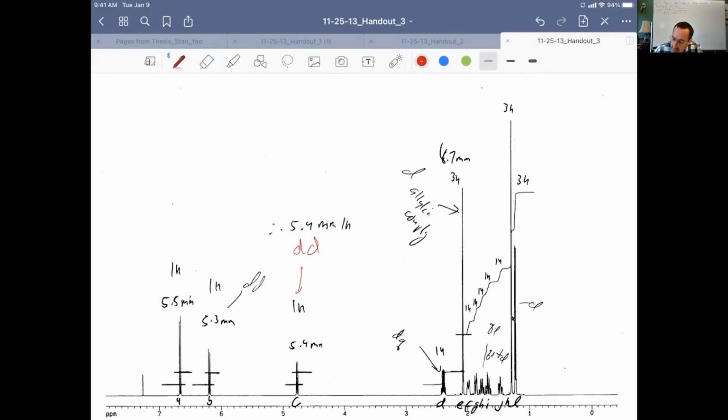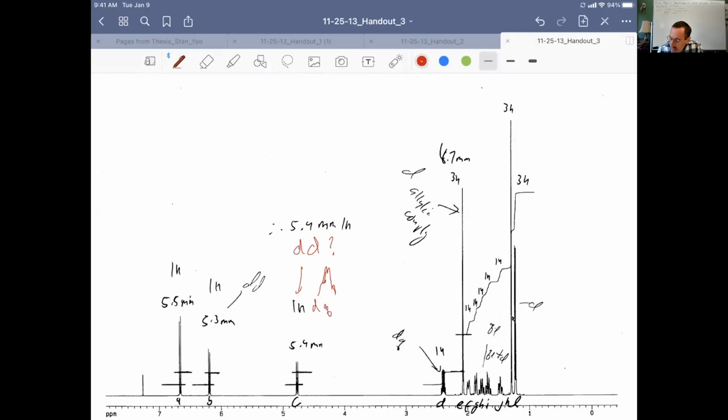It looks like a doublet of doublets with a small coupling, but if you look at the peaks, there's kind of a shoulder on each of these peaks. We're going to see later on, and the shoulder sort of extends out, that it's a doublet of quartets, and it's got a reasonable size J and then a small J that's just right on the edge of what you can pick up. It's right about 1.3 hertz.